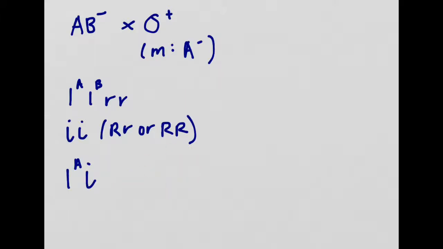And because she is negative for her blood type, she'll be little r, little r. And if the mother has the little r present, then her son must have received it. So he has to be big R, little r.